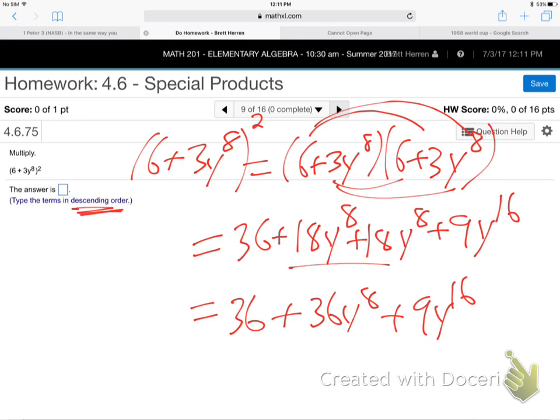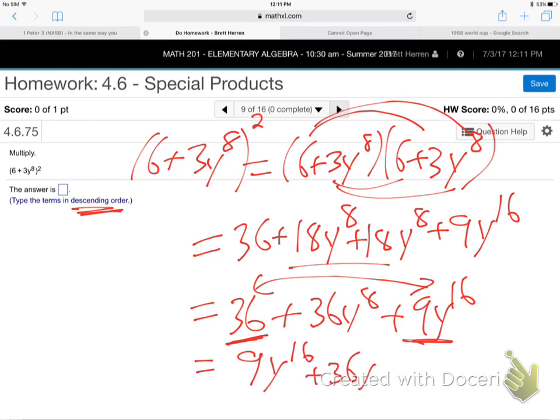So that means we have to put the biggest power first and then the smaller. So I got to swap these 2, don't I? This guy and this guy got to trade. 9y to the 16th has to come in the front and 36 in the back.